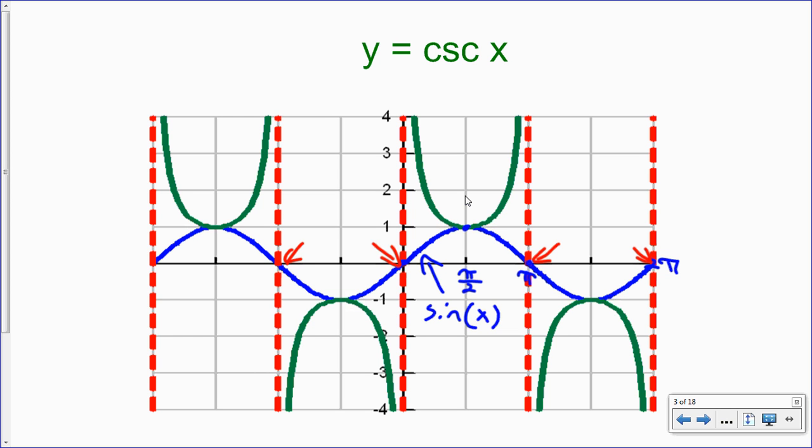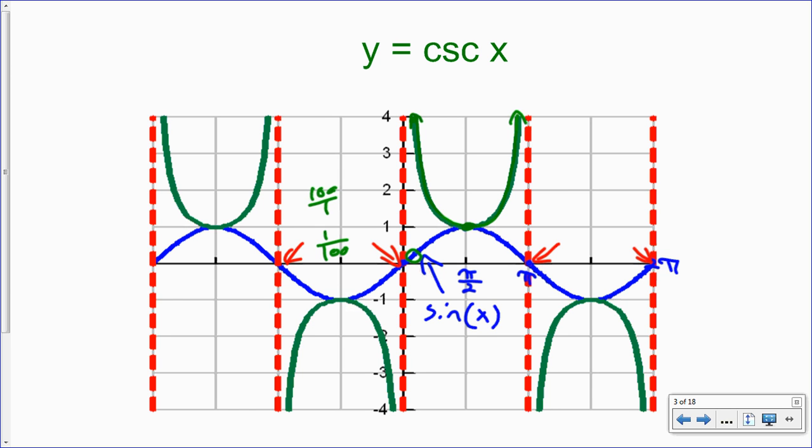Where it wasn't 0 and we had these values of 1, we still have those points, but now we're going to have these graphs that go off into infinity direction. Notice that as these values get really, really small positively, when you reciprocate really small numbers, let's say 1 over 100, and you flip it, you get 100 over 1.